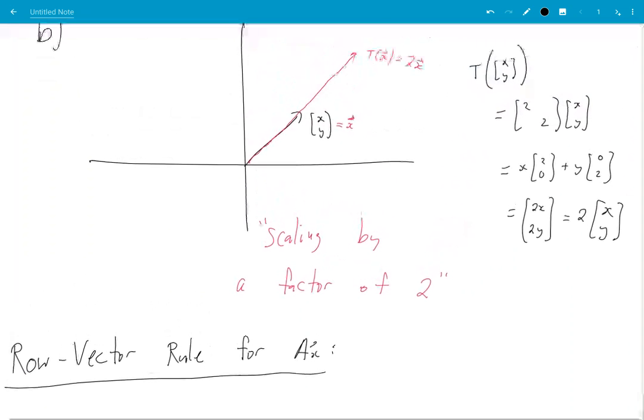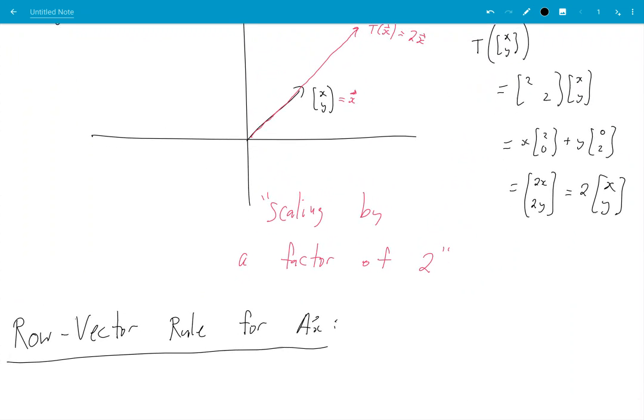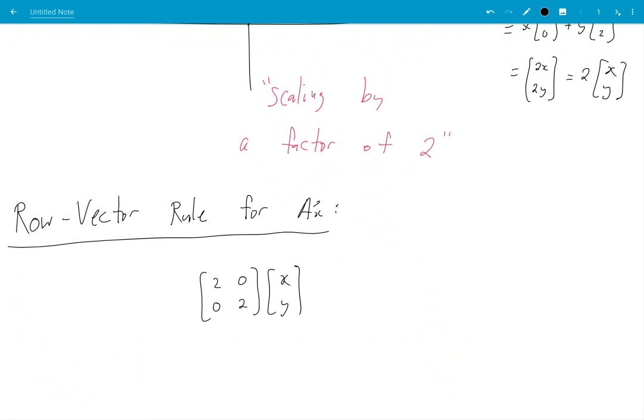So let's take an example that we just did, like this one right here. The rule says that if you want to do this product [2, 0; 0, 2] times xy, you can either do it the way I originally defined, or you can say to yourself, well, my answer is going to be a vector with 2 entries.